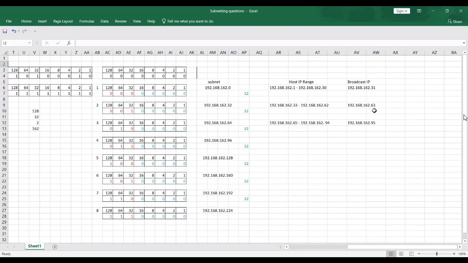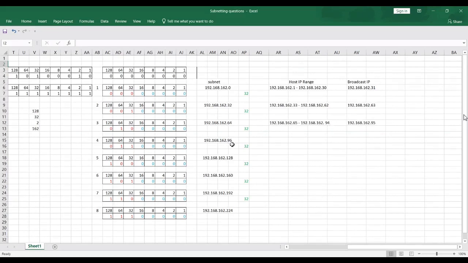If this is 63, then we know that the next subnet is 64, the first starting IP address is 65, the broadcast address should be 95, and the last should be 94, right?